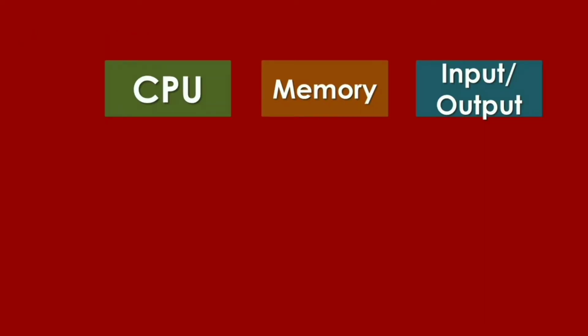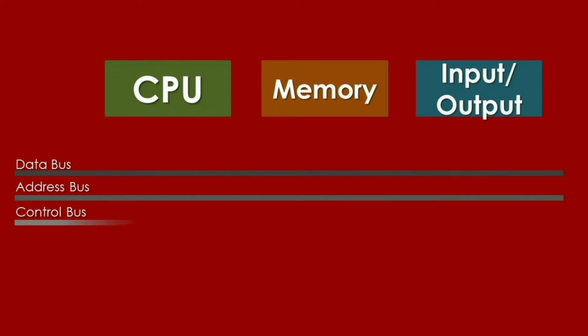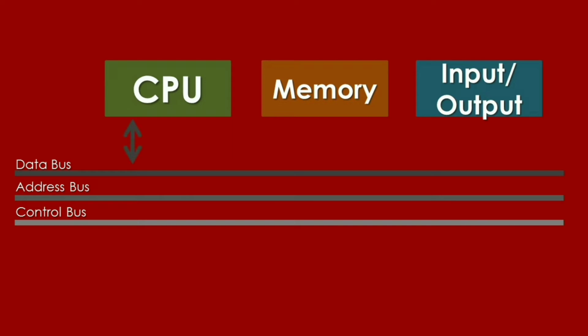So we said kanina, these three components communicate with the use of buses. So we have the data bus, address bus, and control bus. Dun muna tayo sa data bus. The data bus may get or pass data dun sa CPU, pwede din sa memory, and input-output unit.